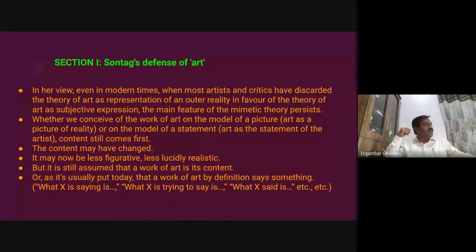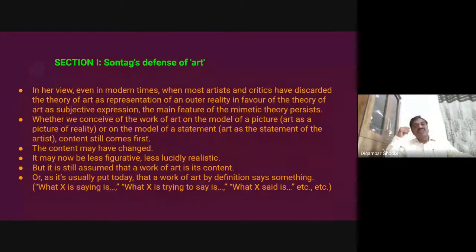Content remains the center. It receives the centrality. Meaning although the content has changed, still content is given importance. In the case of the Greek mimetic theory, the imitation of the world was at the center, whereas in the other theories, the artist's personal emotion is at the center.